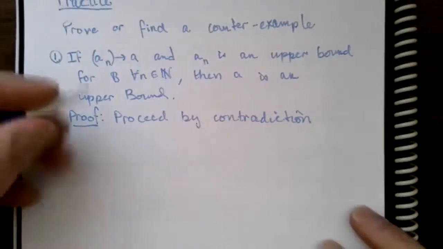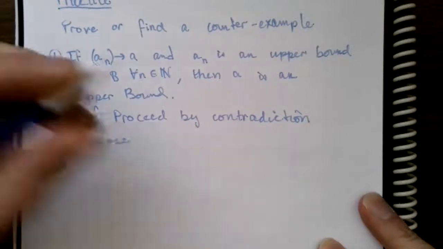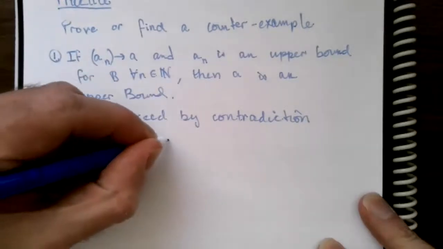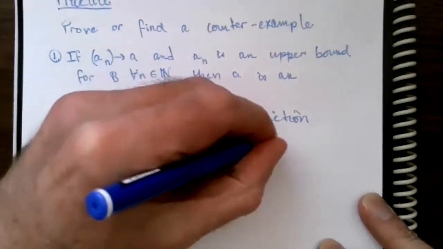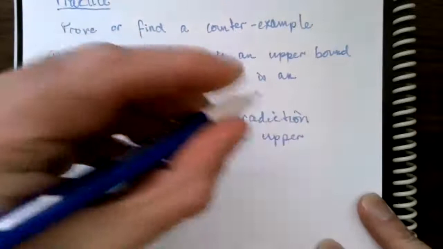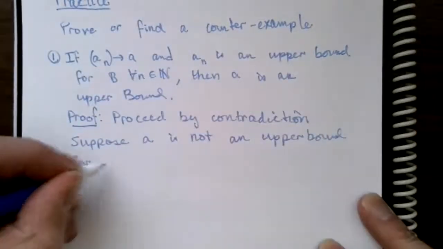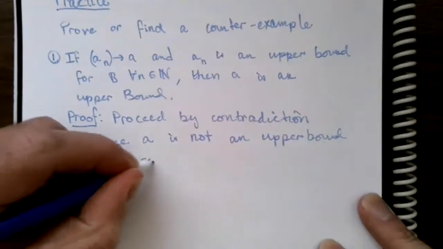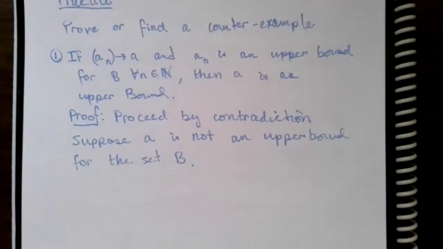So what we're going to do is suppose A is not an upper bound for the set B. All right, now what does that mean? A is not an upper bound.